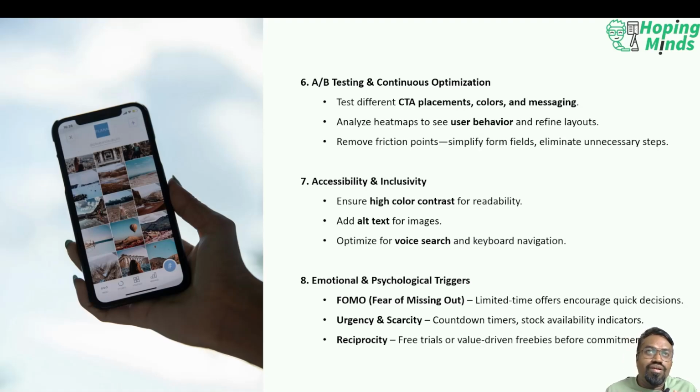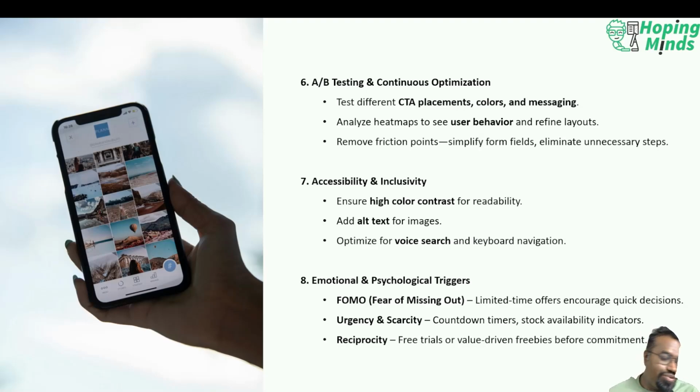So there might be permutation combinations wherein we need to test which particular campaign is performing the best, right? Or which landing page or which call to action placement works best for my website.